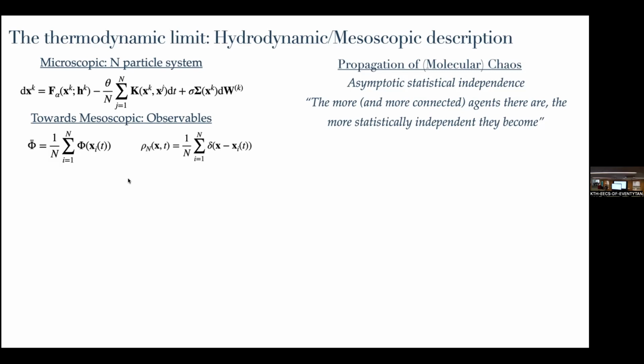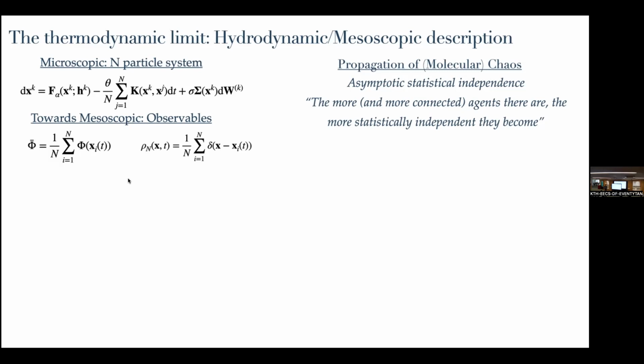This is a property of these systems in which you have asymptotic statistical independence. As more and more connected agents there are in the system, the more statistically independent they are, which is a counterintuitive mathematical property of these systems.